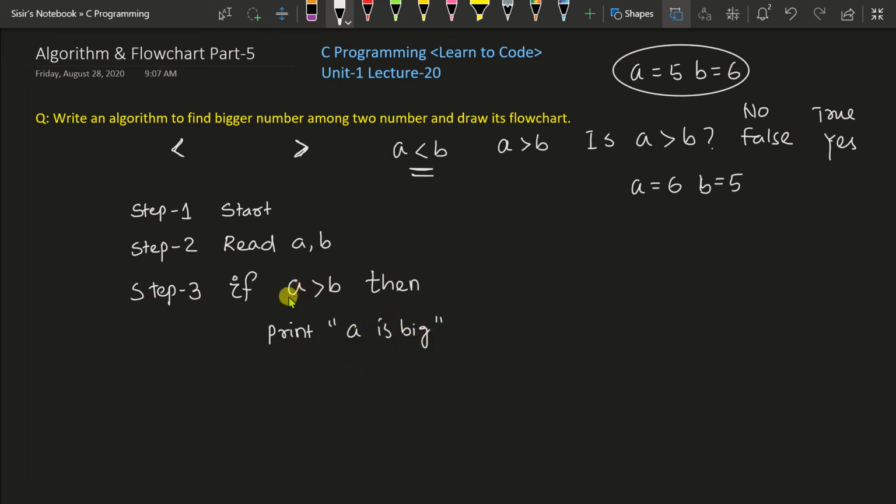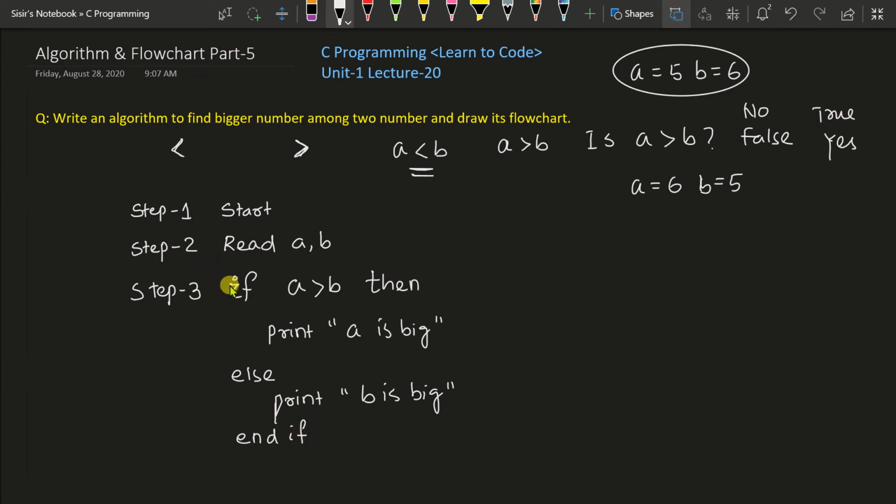Okay, and if this is not correct or not true, then this line should not be executed. That's why for this if, there will be an else statement. Below the else statement we are going to write print b is big. Then we have to end the if statement.